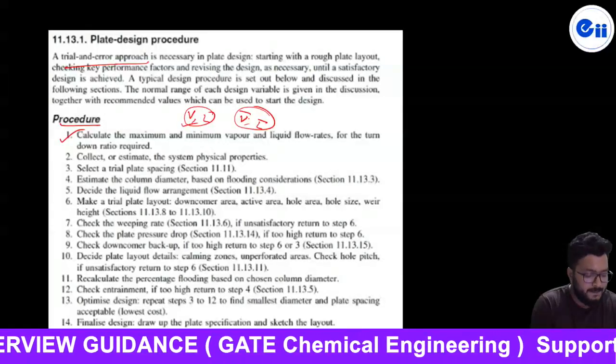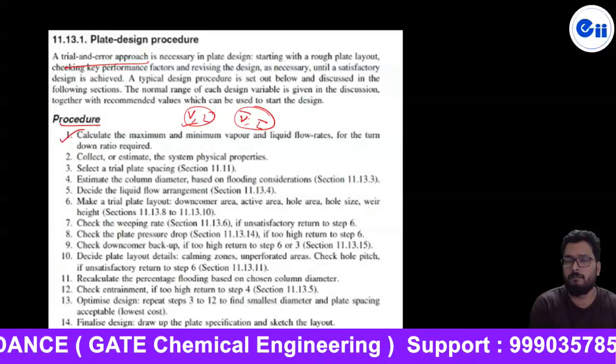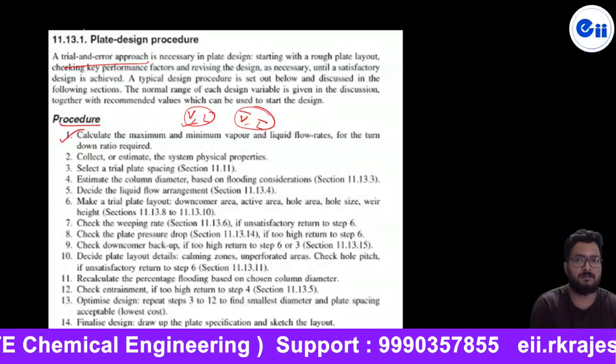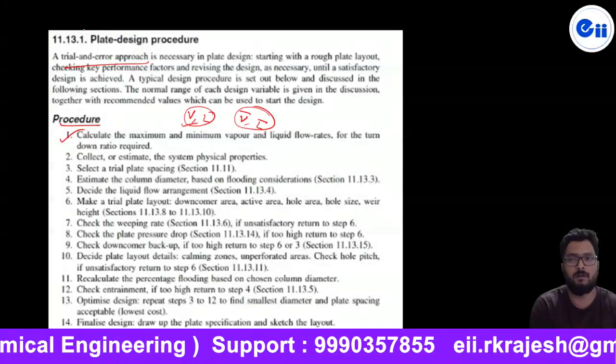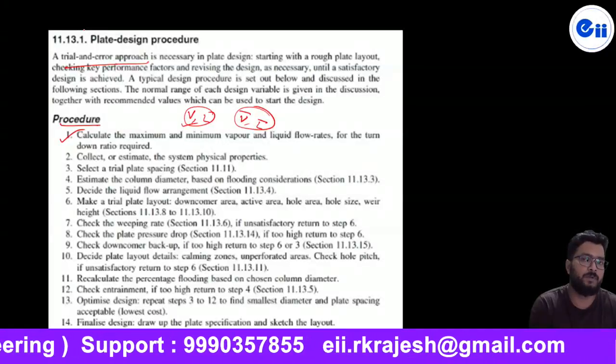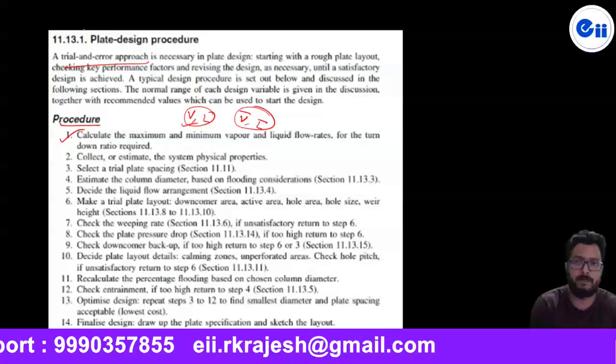column. Thereafter we have to collect or estimate the system physical properties. System physical properties means density and surface tension, density of liquid, density of vapor in rectifying and in the stripping separately, because pressure and temperature in the rectifying and in the stripping will be different.